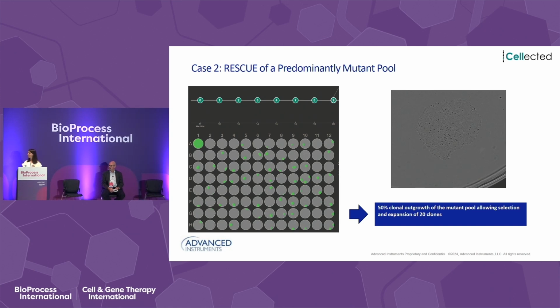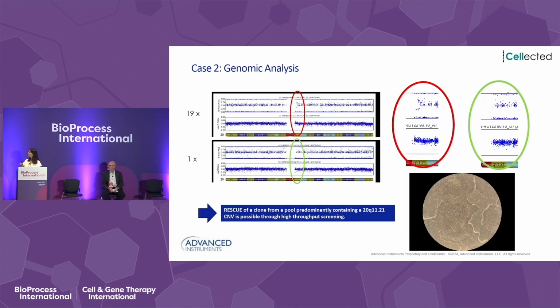They monitored for clonal outgrowth. They tracked after incubation. And then they were able to select 20 of those clones to move forward to expansion and QC. And for this particular set of clones, they ran a SNP array analysis.